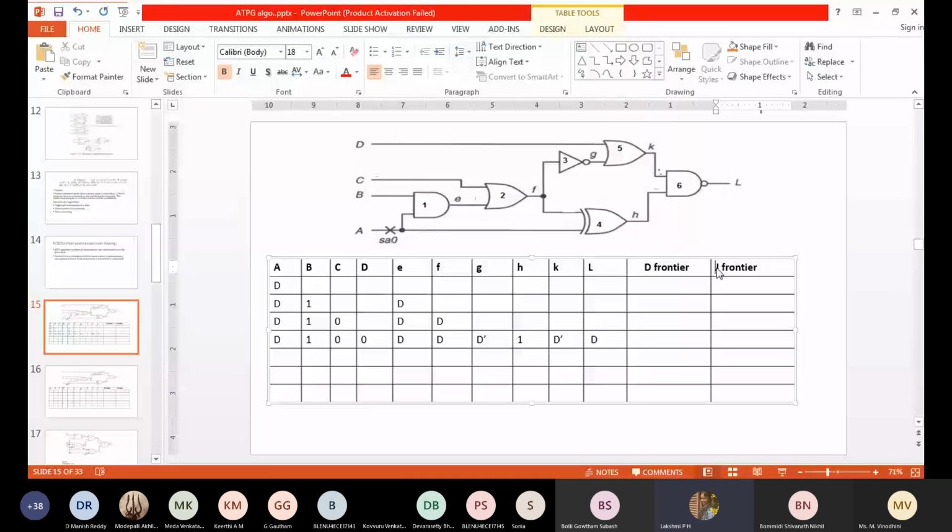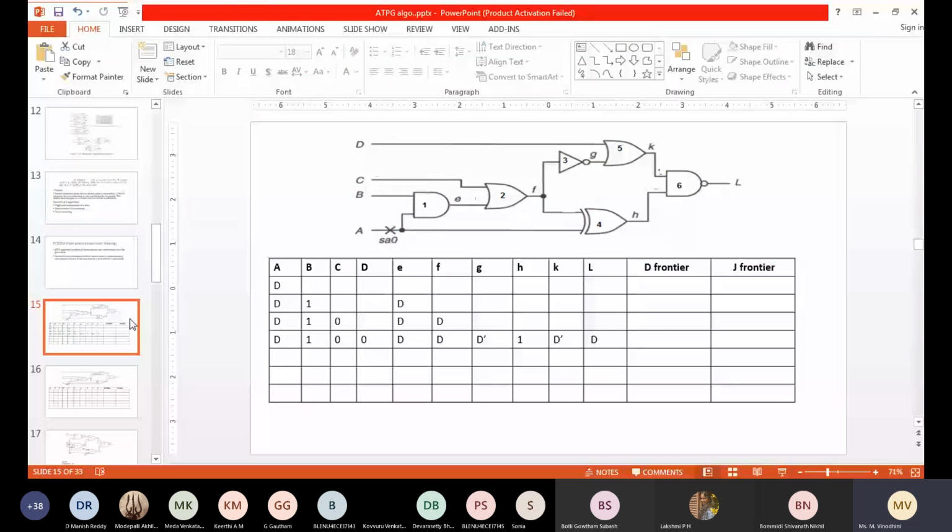D frontier, I told you, is similar to forward implication. Forward implication means you know the input and you are calculating the output. But what we did here: I know A, and I know what should be my E because I am aiming at propagation.